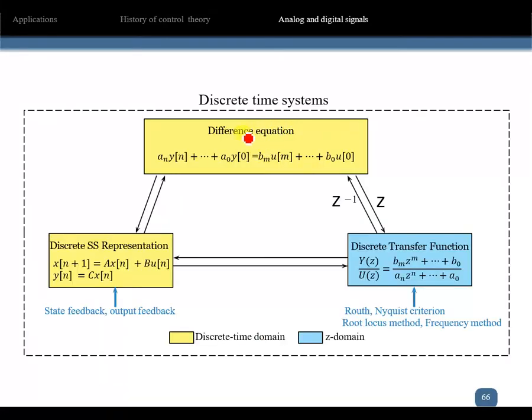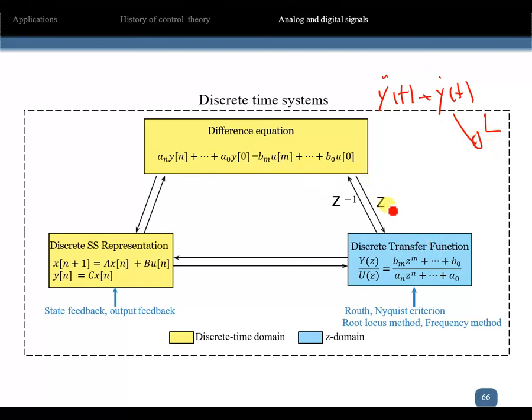This schematic that you see, in continuous time you have differential equations of time. Now you have difference equations in discrete time. Before you had y dot t plus y dot t, then with the Laplace transform we go to the transfer function.